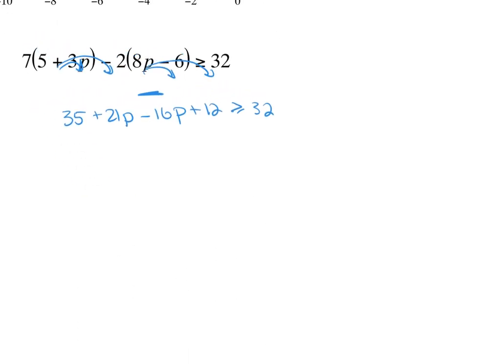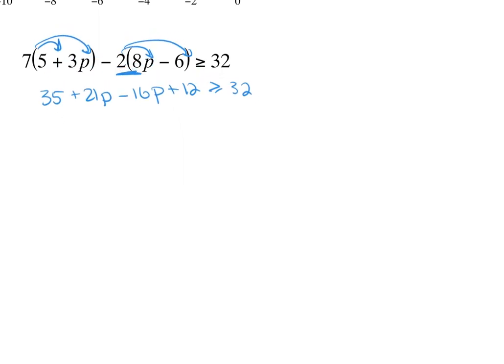So if they're on the same side, you leave them, meaning you don't change signs until you move them across. So you'd say 21 minus 16, 35 plus 12. And then you would simplify, subtract and divide.